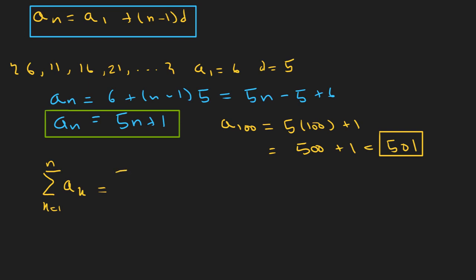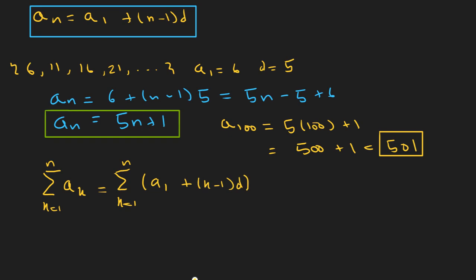Then in that case, we would be adding from k equals 1 to n. But what is an arithmetic sequence in either case? Well, it's essentially the first term plus, here our index is k, so it's going to be k minus 1 times d, the common difference.